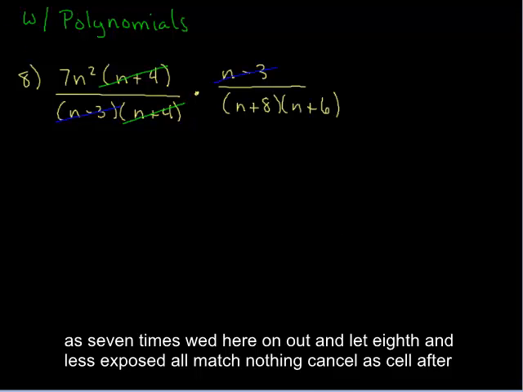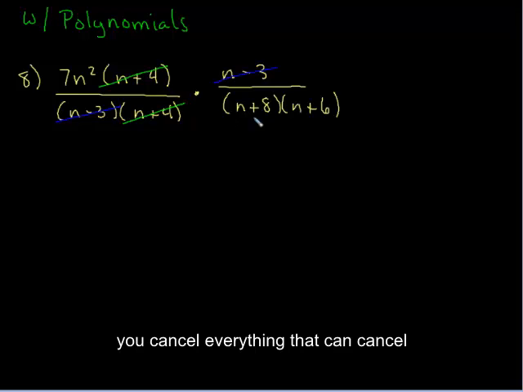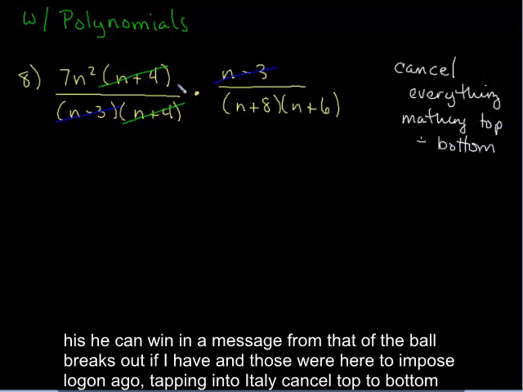So after you cancel everything that can cancel, you cancel everything that matches from the top to the bottom, right? So if I had an n plus 4 here and an n plus 4 here and they're both on the top, they don't cancel. They can only cancel top to bottom.